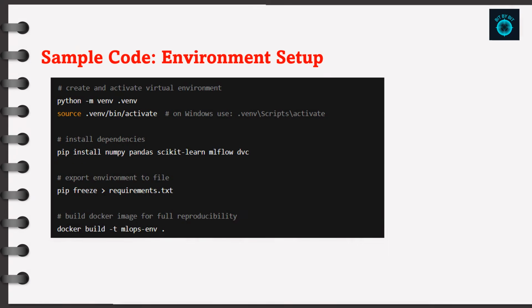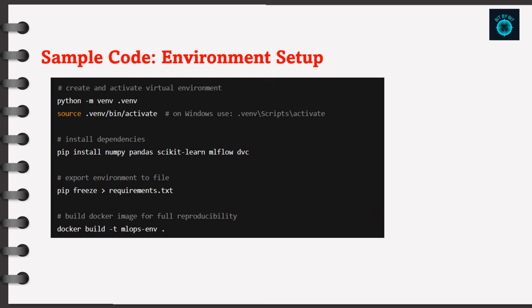Here are terminal commands to show how you set up your environment step by step. We first create a virtual environment and activate it. Then, we install the required packages such as NumPy, Pandas, scikit-learn, MLflow, and DVC. Next, we export the installed dependencies to a requirements.txt file.